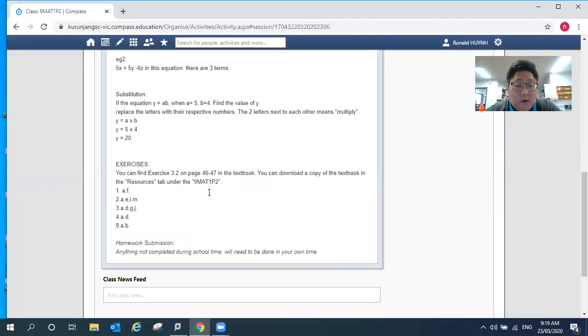The exercises for this lesson are exercise 3.2, on pages 46 and 47 of the textbook, and we have a copy of it in resources under the class folder. Anything not completed during school time will need to be done in your own time.